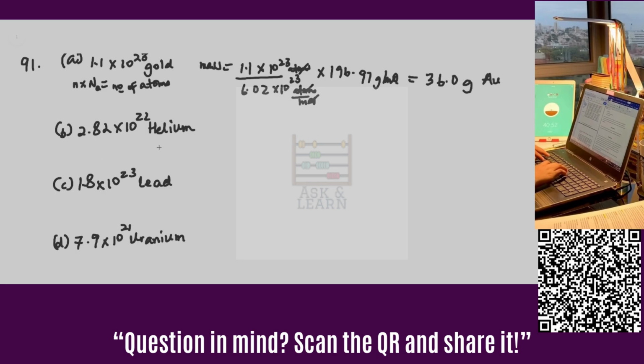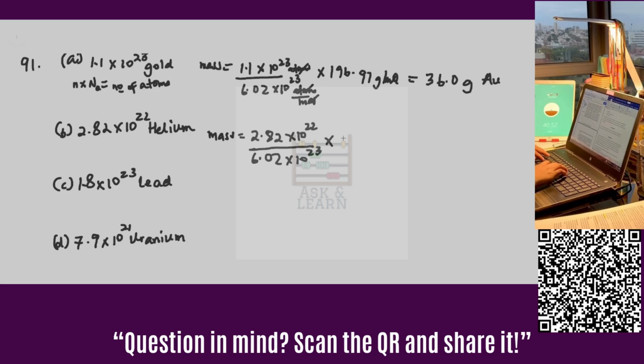For the second question, it's essentially the same thing. We have to do this for helium. To determine the mass, we just have to find the moles and then multiply that by the molar mass of helium. So here we have the number of atoms of helium, 2.82 times 10 to the power 22, divided by Avogadro's number, 6.02 times 10 to the power 23.